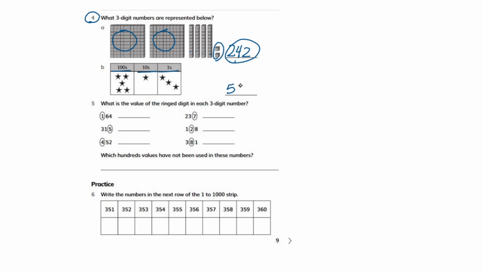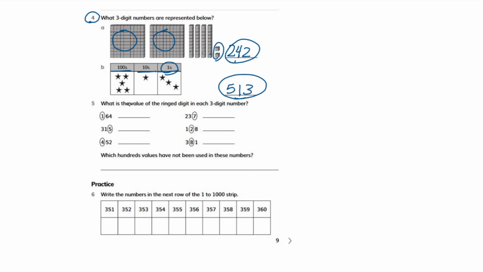So the number in the tens place is 1. And we have 3 stars in the ones place. So the number in the ones place is 3. The number represented by the stars in part B of question 4 is 513. Let's now move to question number 5.